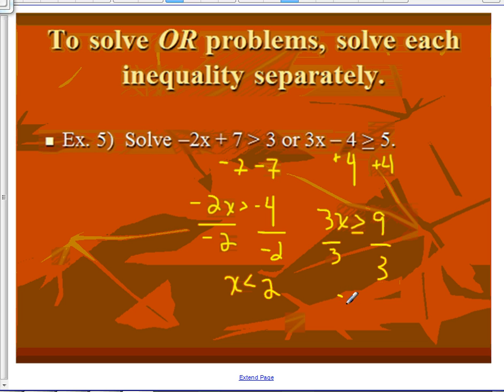So I'm going to have x is greater than or equal to 9 divided by 3, which is 3. Graph it. I have 2 and 3. This is going to be a closed circle: x is greater than or equal to 3. This is going to be an open circle: and x is less than 2.